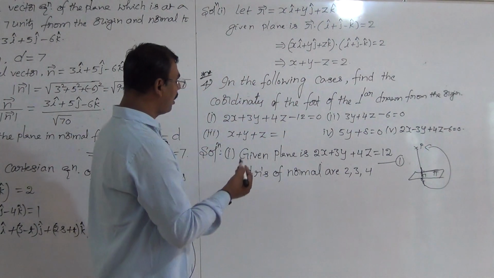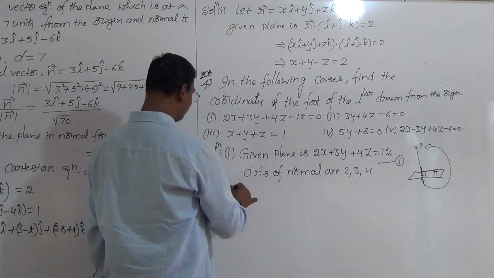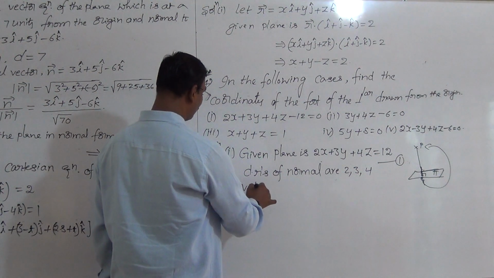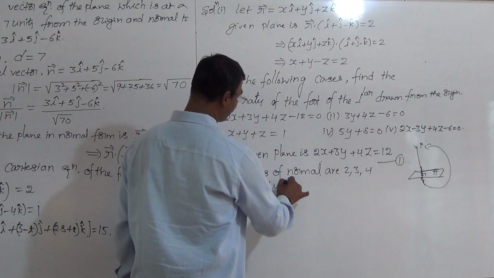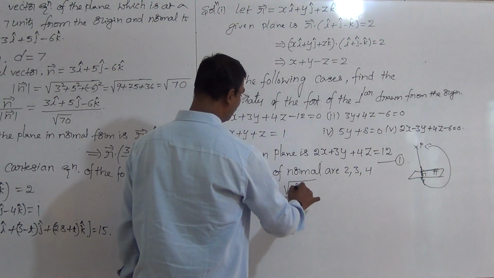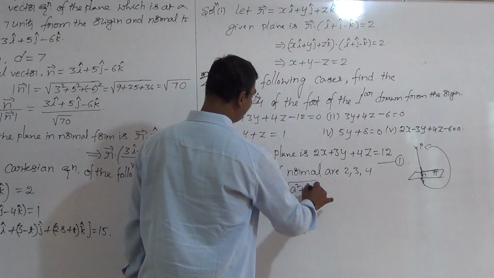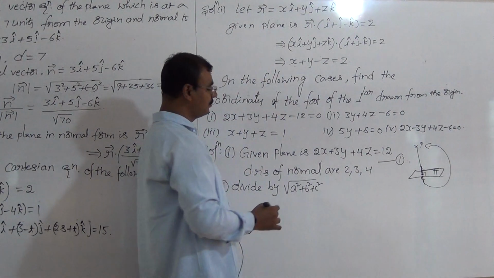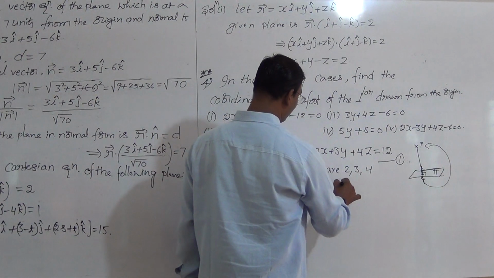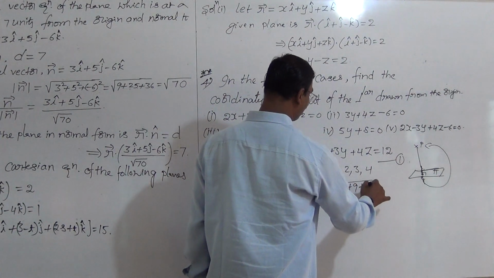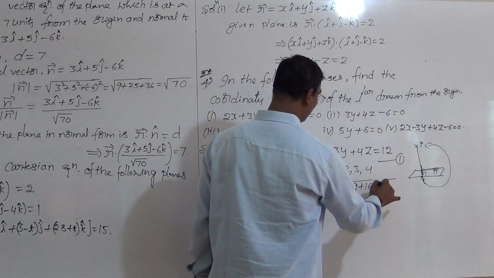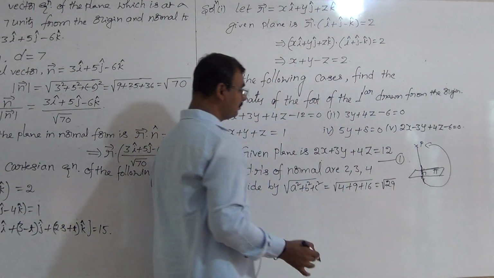Divide equation 1 by the square root of a squared plus b squared plus c squared, which is the square root of 4 plus 9 plus 16, the square root of 29.